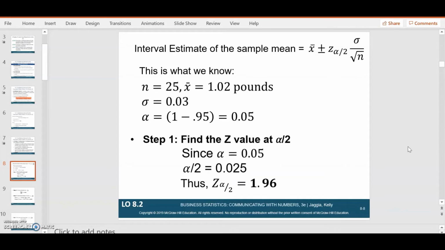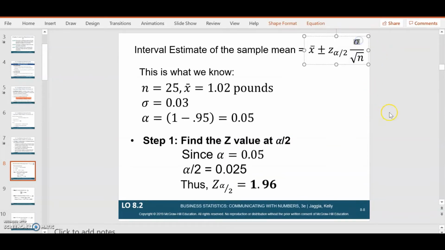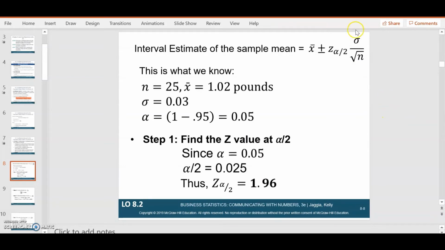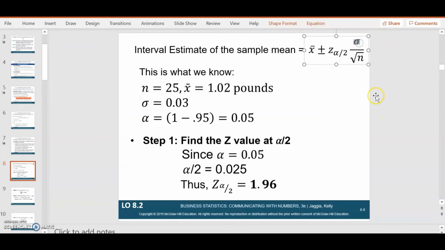Step number 1 is to find the z-value at certain significance level that is divided by 2. The reason why we use z-value is because we do know the population standard deviation. Remember, if we are not provided the population standard deviation, then instead of a z-value, we have to find the t-value.